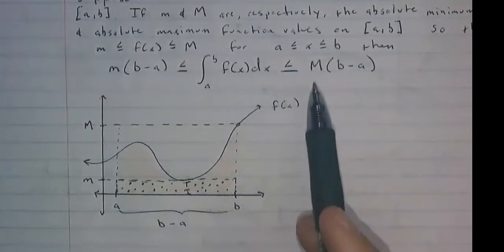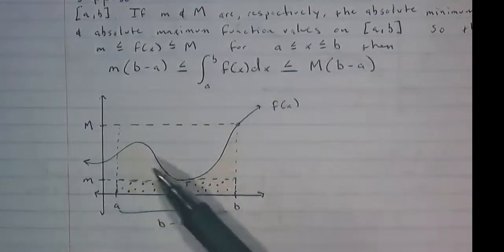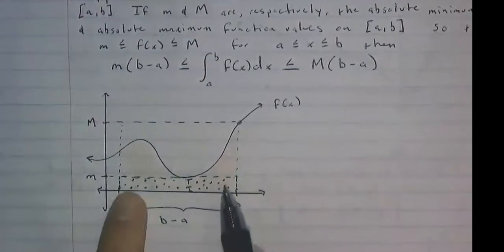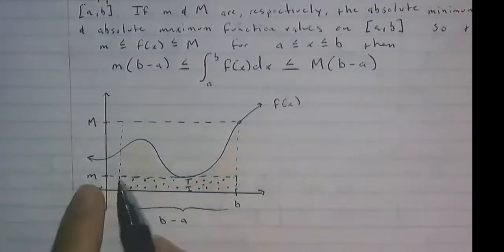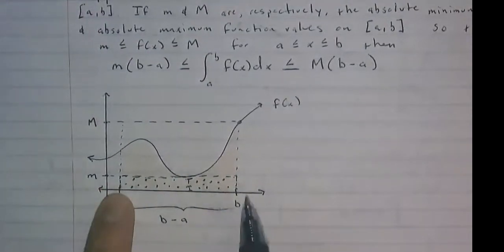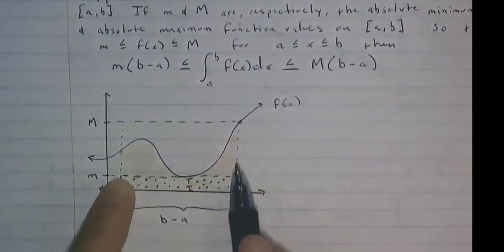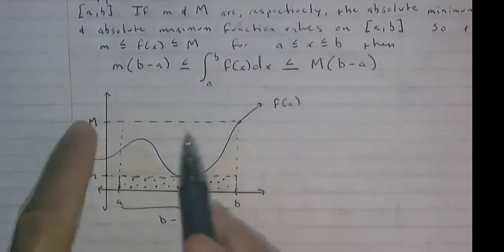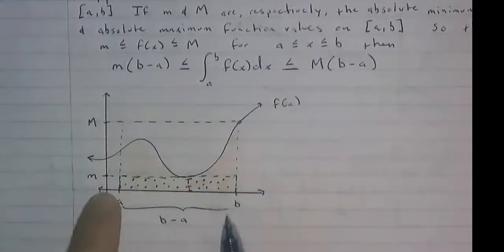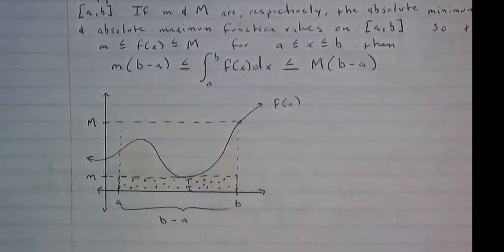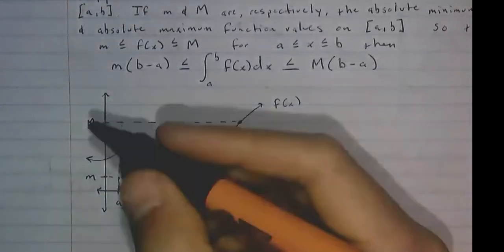And then the other side is the bigger rectangle that we, in the same way, can make. This smaller rectangle with our minimum value and the length of our interval, and this bigger rectangle with our maximum value and the length of that interval. And I'll use, I guess, blue for that.